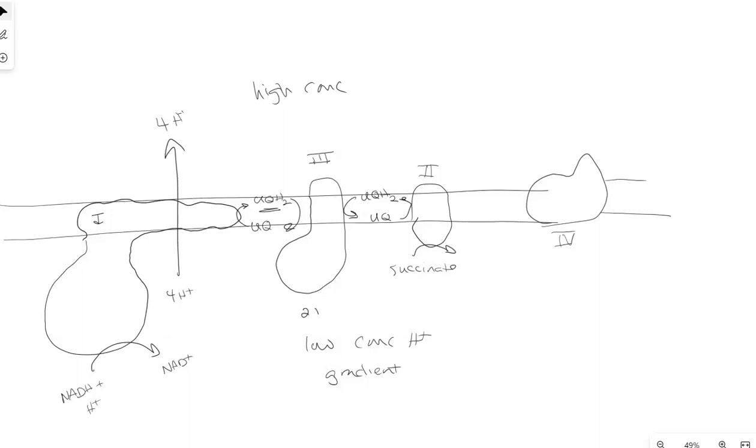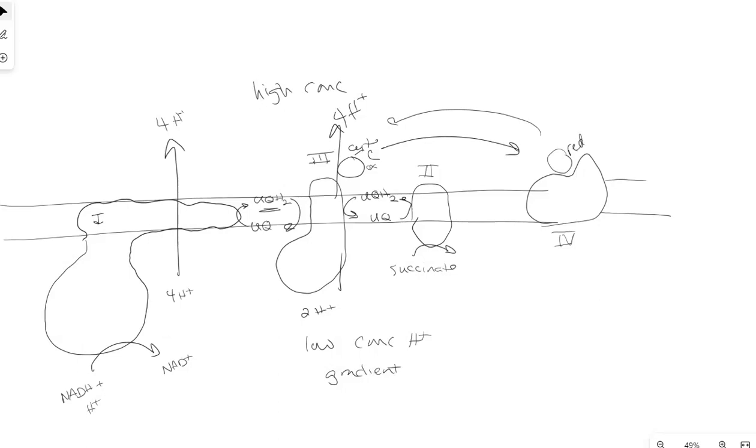So 2 protons from the low concentration side to 4 on the high concentration side, and terminally transfers electrons to our cytochrome C, our aqueous soluble mobile electron carrier. And this is now going to be in its oxidized state, and that can then migrate to complex 4, and then back again once it's in its reduced state.